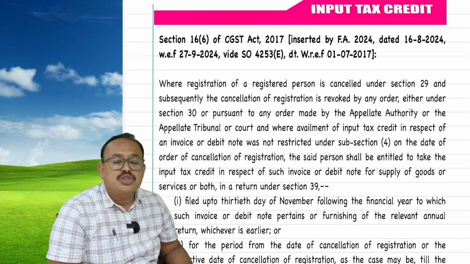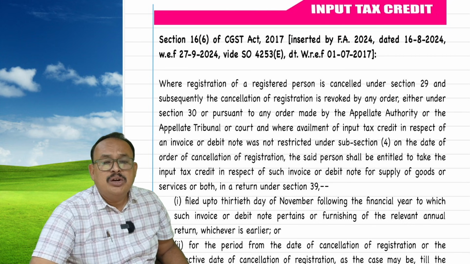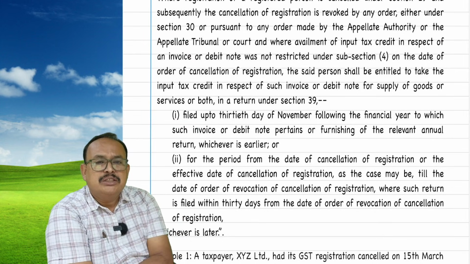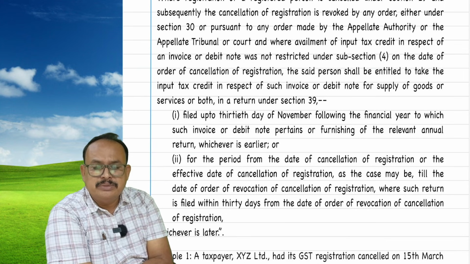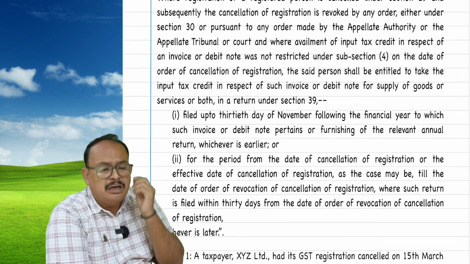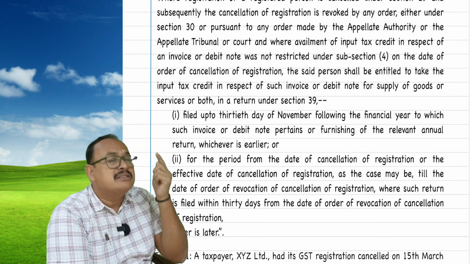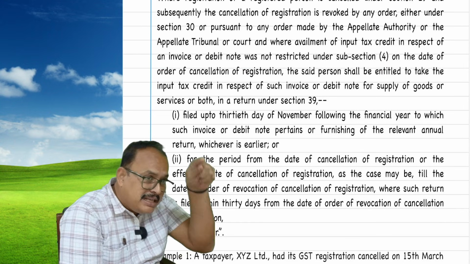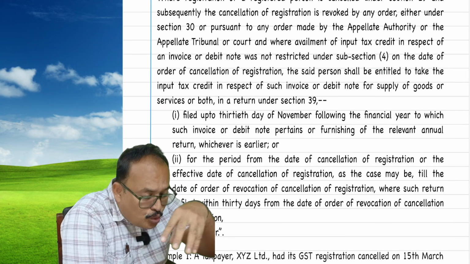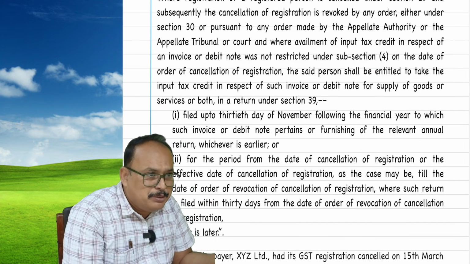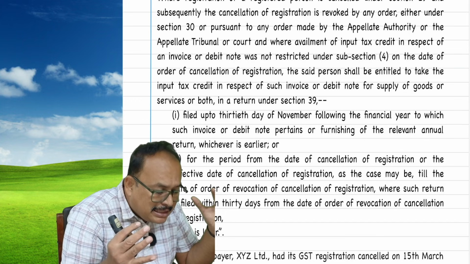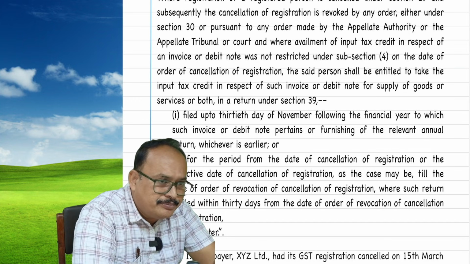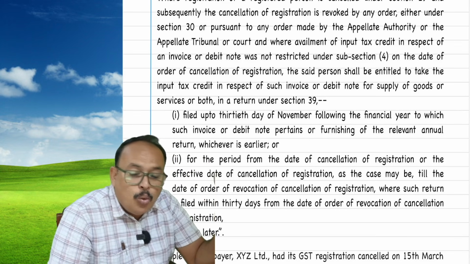Section 16, subsection 6 says what conditions are to be fulfilled. To claim the input tax credit not claimed as on the date of cancellation, and during the period of cancellation when it was not possible to claim, these invoices' input tax credit can be claimed with conditions. What conditions should be satisfied?